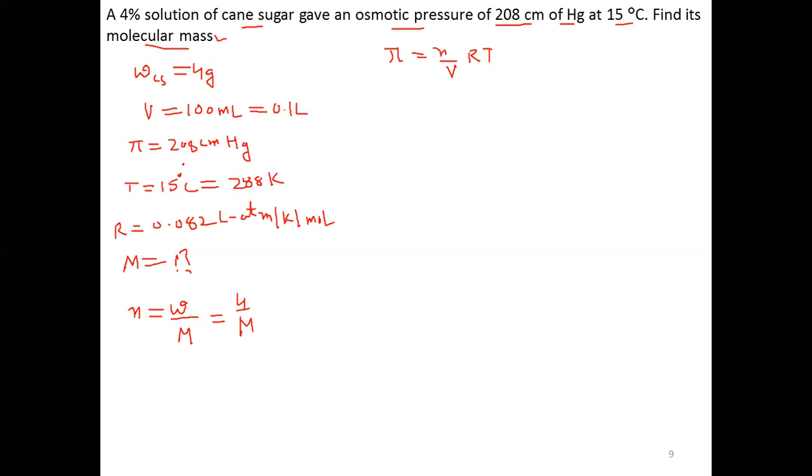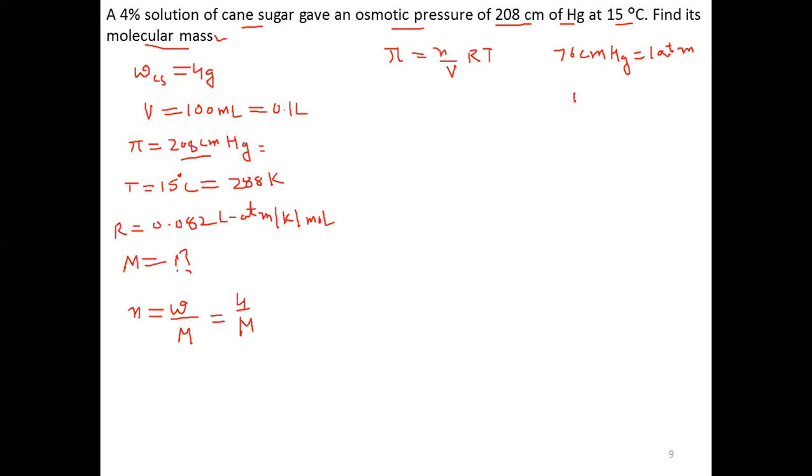Now pi, how to convert centimeter of Hg into atmosphere. You have to remember that 76 centimeter Hg is 1 atmosphere. That is the relation. 1 atmosphere is equal to 76 centimeter Hg.